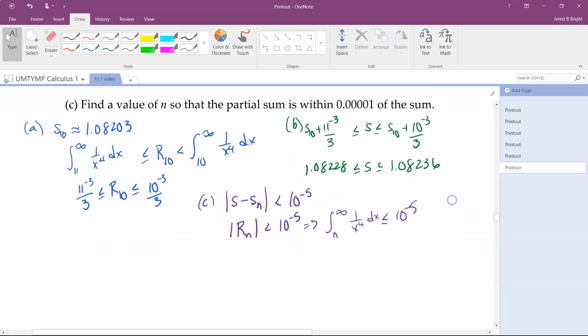Okay, so then we can evaluate this, and long story short, you have to do a little bit of work, but you end up getting 1 over 3n to the third is less than or equal to 1 over 10 to the 5th, and then solving this, again, you have to do a little bit of work, but n is going to be greater than or equal to 32.18, so n has to be 33 for it to satisfy this condition, because otherwise 32 won't work.